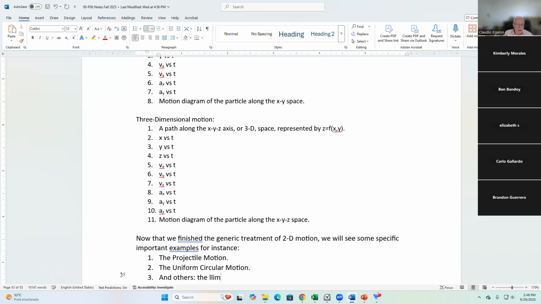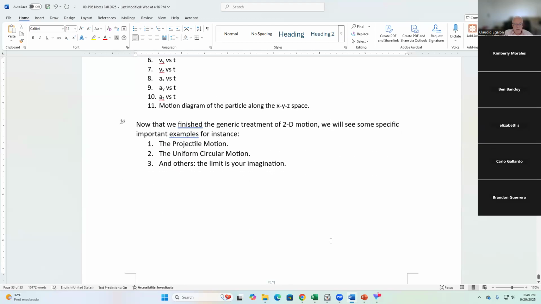The limit is your imagination. But at least those two you're going to see in detail, so you have a better grasp. We have finished. Two D motion examples, for instance, projectile motion.